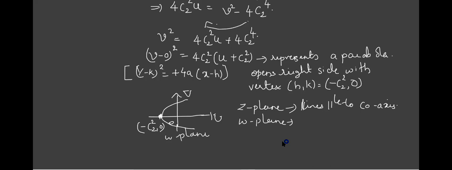In the first and second case, you are getting parabolas. What is the transformation here? The transformation is not e raised to z; it is w equal to z square. So under different transformations, you get different curves. Hope you got a little concept about it. No doubt it is a little theory, but if you understand, you can write in your own words.